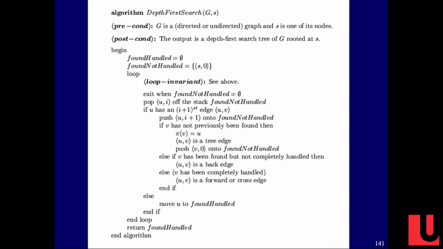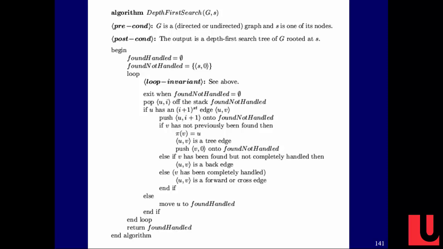Here's the code. We start with nobody having been found and handled. What's on the stack is that we have found S, but we've handled 0 of its edges. Then you pop U, i off the stack, and if U has an (i+1)th edge, that edge goes from U to V. So now we're going to update V. Before we do that, we push U, i+1 back on the stack.